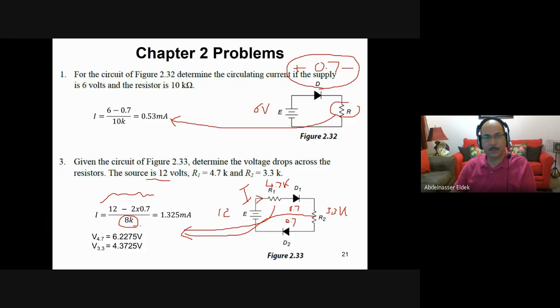So this is the current. Of course, if you want to calculate the voltage, use Ohm's law. The voltage across the 4.7K is this current times 4.7, and this current times 3.3 will give you the voltage across the 3.3K.